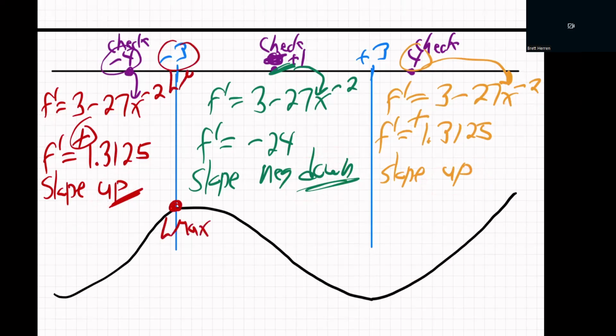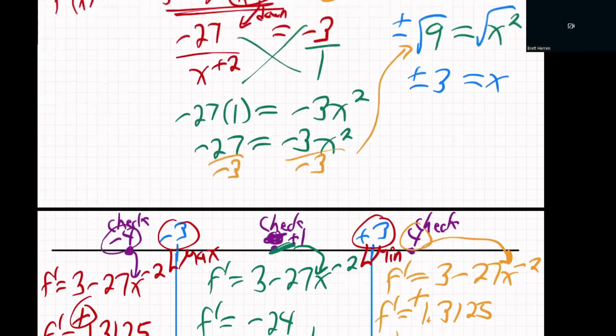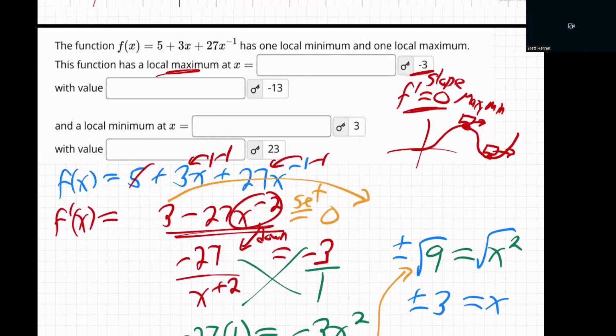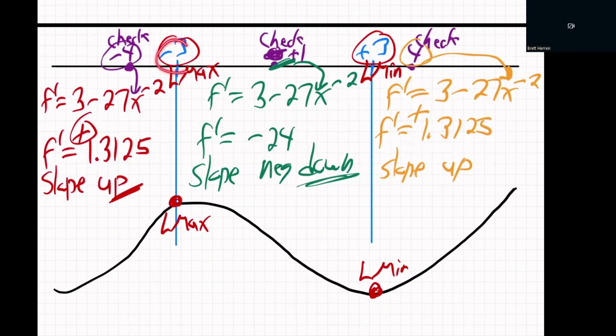This is a local max. And this is a min, isn't it? Local min. So this guy is a local min. All right, that's what they were asking us for. So negative 3 is the max. Is that right? Yep, negative 3 is the max. And positive 3 is the min.